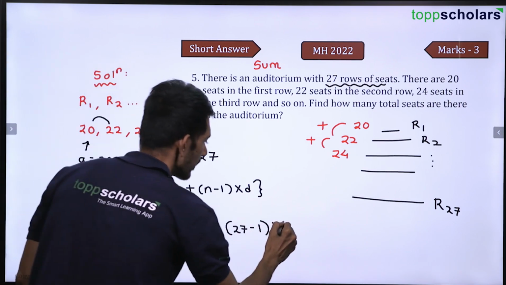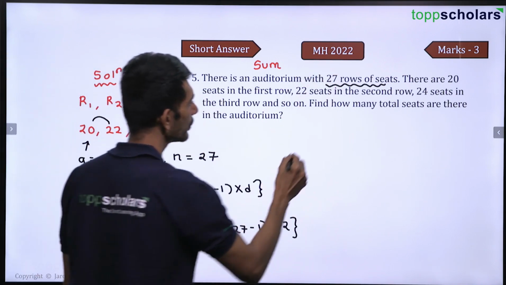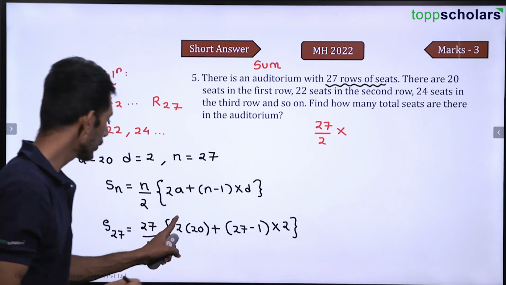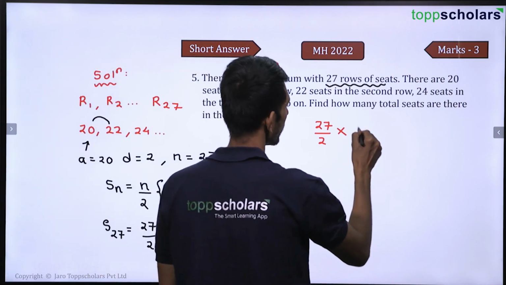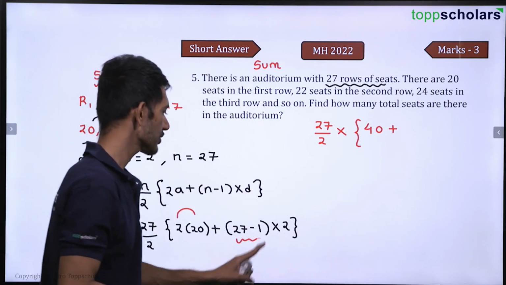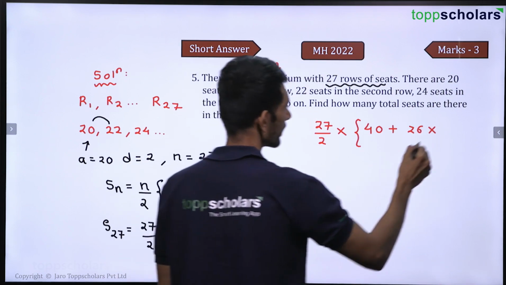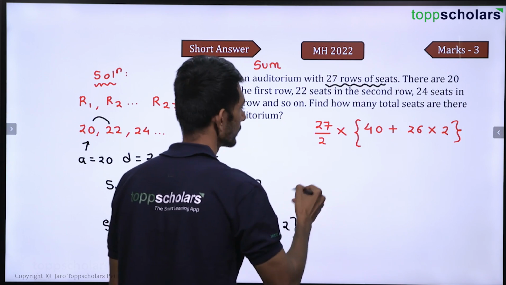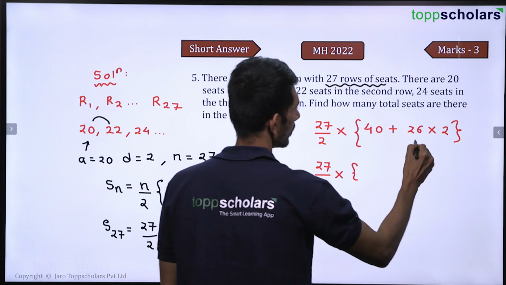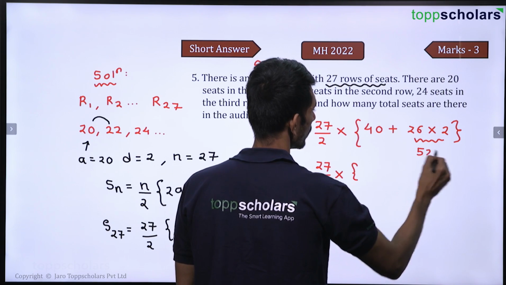D is how much? D is 2. Right? Solve this further. This gives you 27 by 2 into 2 into 20 is how much? 40 plus 27 minus 1 is how much? 26 into d, that is 2. So that gives you 27 by 2 into 40 plus 26 into 2 is 52.